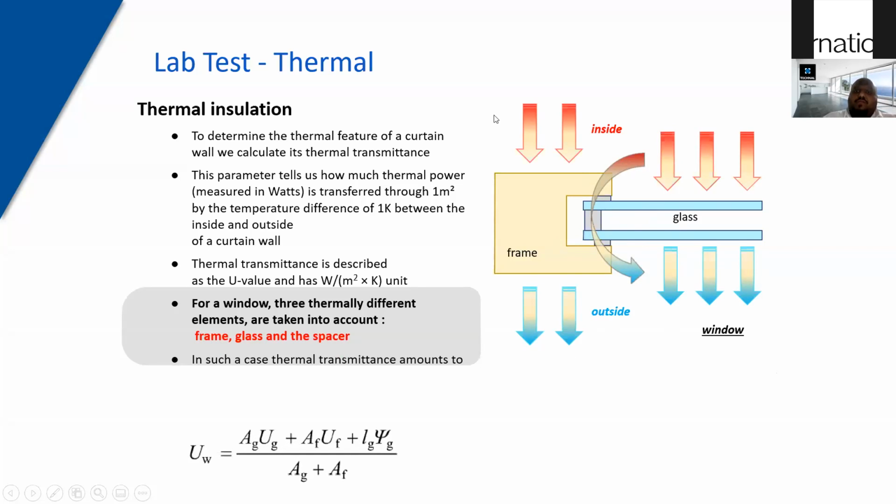So the U value of the window is calculated with a formula: area of glass multiplied by the U value of the glass, plus area of the frame multiplied by the U value of the frame, plus length of the spacer multiplied by the thermal transmittance of the spacer.